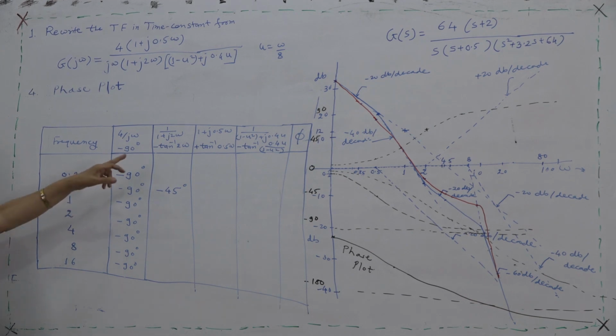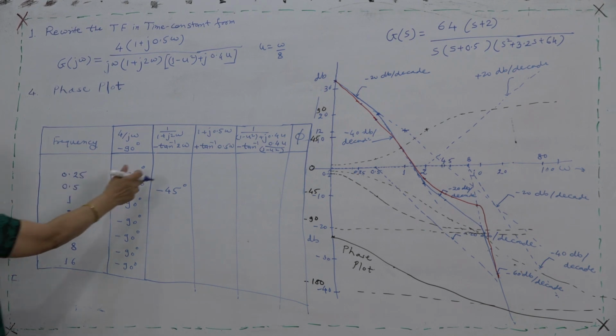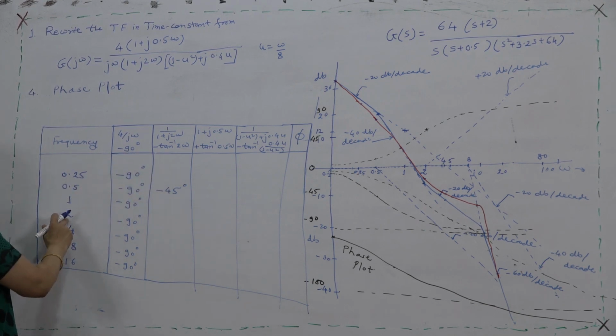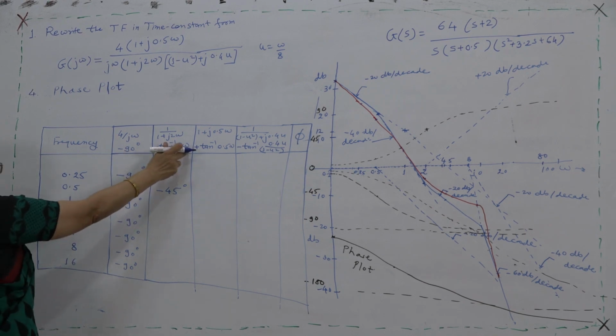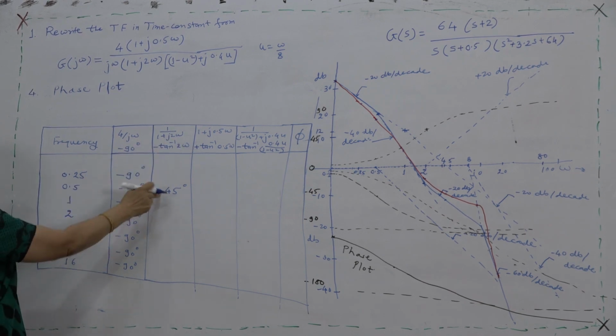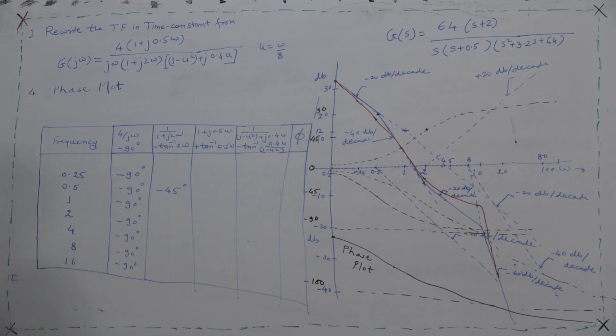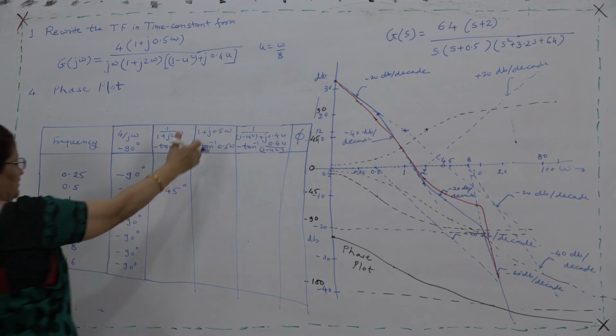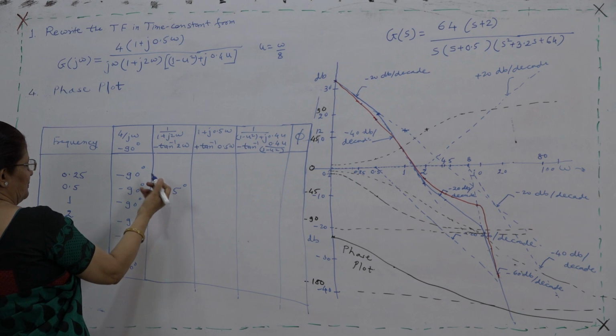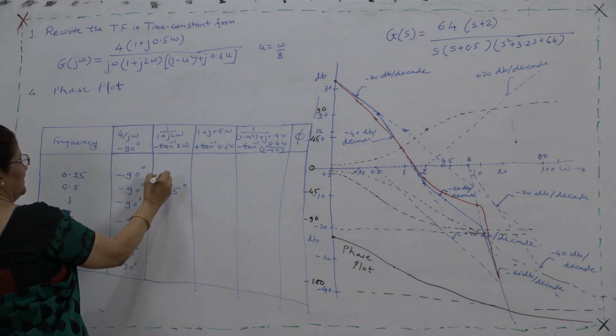So, what you will get there? 0.5, 2 times. So, tan inverse of 0.5. So, substitute that value. So, then tan inverse of 2. So, substitute omega is equal to this value and calculate the angles. Similarly, approximately I am considering here, you may get minus 30 degrees.